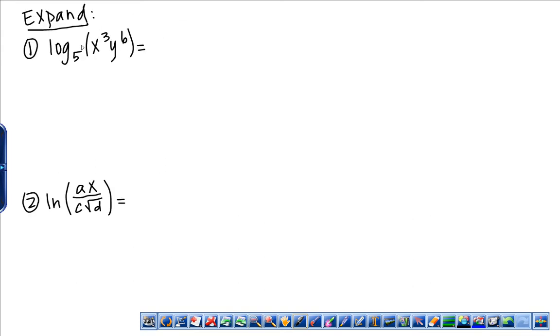Okay, now let's use our laws to expand this equation here. So log base 5, and you've got a multiplication here. So the first thing that we want to do is apply our log base 5 to both of these. So this would be log base 5 of x to the third plus log base 5 of y to the sixth.